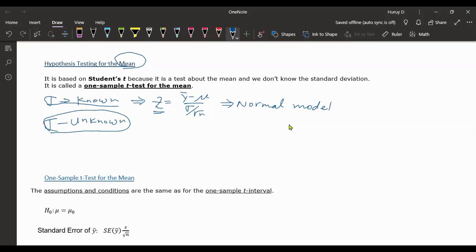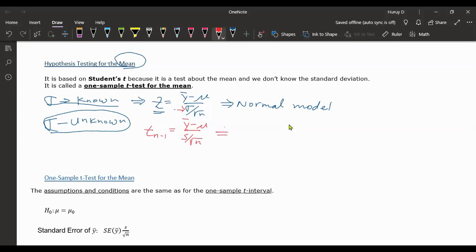And when sigma is unknown, since this is not known, then the distribution becomes, instead of the standard deviation of y bar, we use the standard error of y bar, s over square root of n.